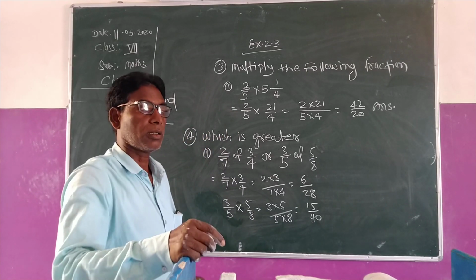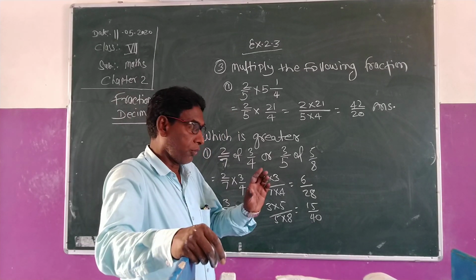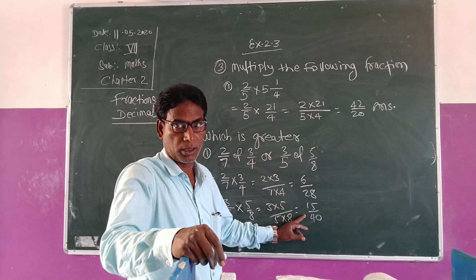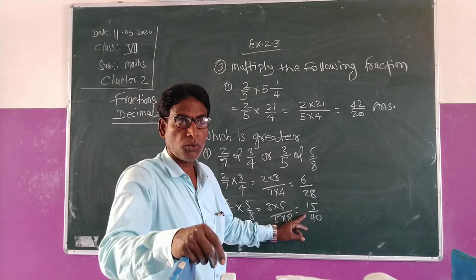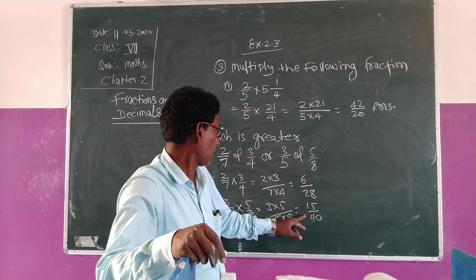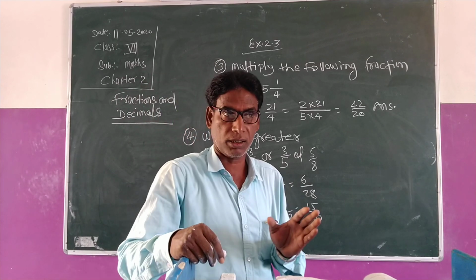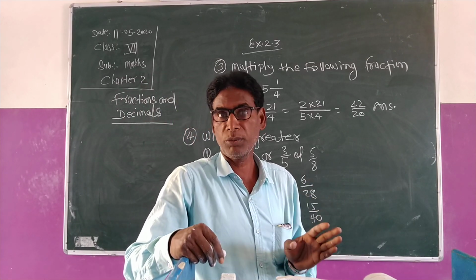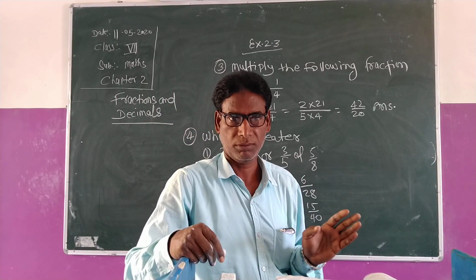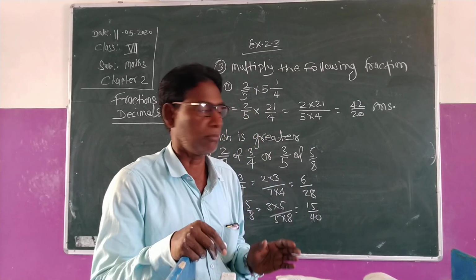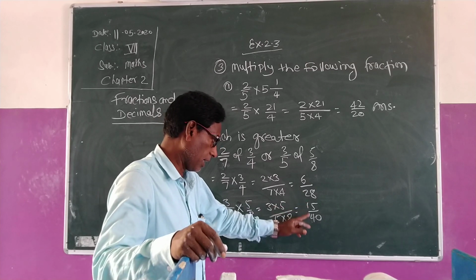Here we see two fractions, 6/28 and 15/40. Now you will try to find which fraction is greater. For it you will convert both denominators to the same. For it you will find the LCM of 28 and 40.